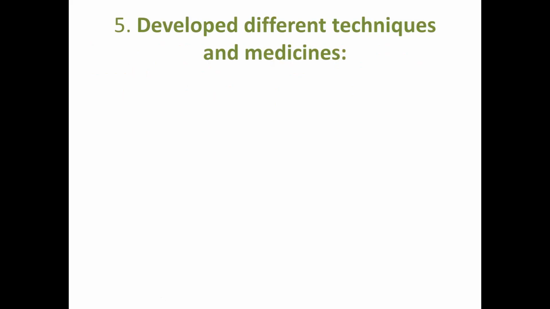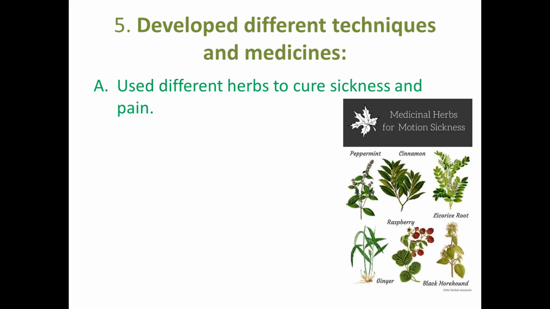Now, they also started developing not only technological advancements, they started developing what? Different techniques in medicine. So they started taking care of medicine and medical issues. The first thing that they developed was that they used what? Different kinds of herbs, and they used them to cure sickness.